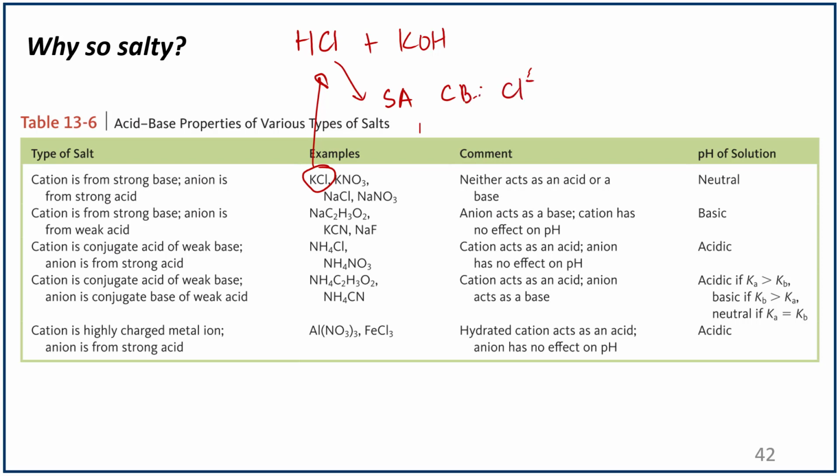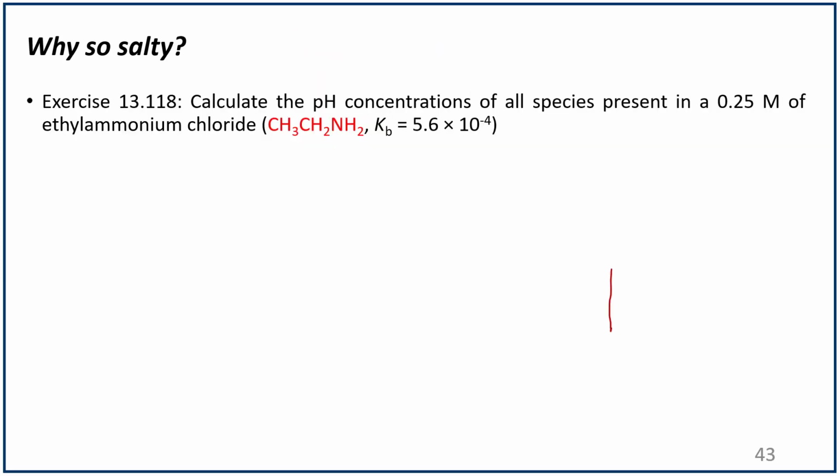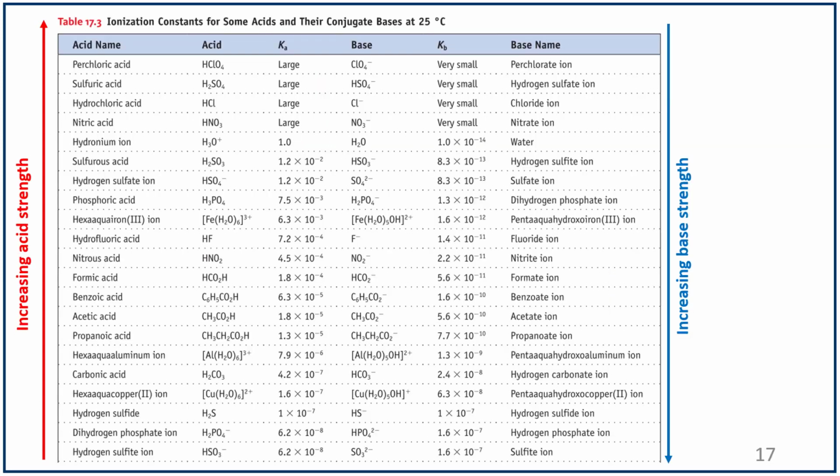Remember from this table that if you have a strong acid such as HCl, the value of Kb is very small. In fact, it is so small that Cl minus doesn't even have basic properties.